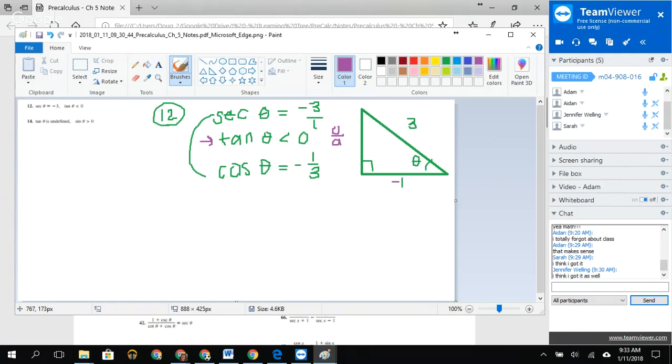The only way that 1 would be positive is if our opposite side was negative, but we don't have any information leading us to that. So it seems that our adjacent side is the one that has the -1 in it. All right, so we have secant, we have cosine.